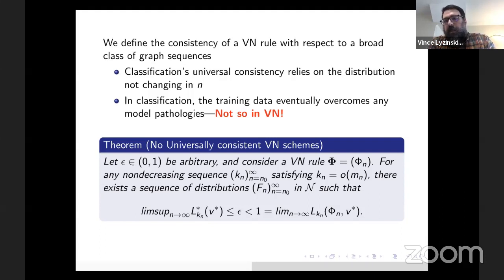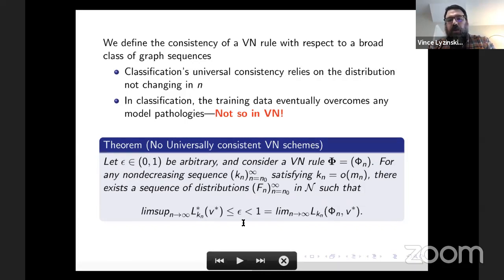maybe even worse than that, because it says, give me an arbitrary epsilon and any Vn rule that you want. I can construct a sequence of networks for which the Bayes error for that sequence of networks converges to 0 or less than epsilon. And the error of the vertex nomination schemes that you gave me converges to 1.